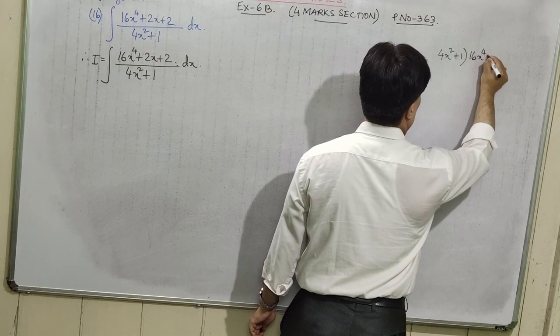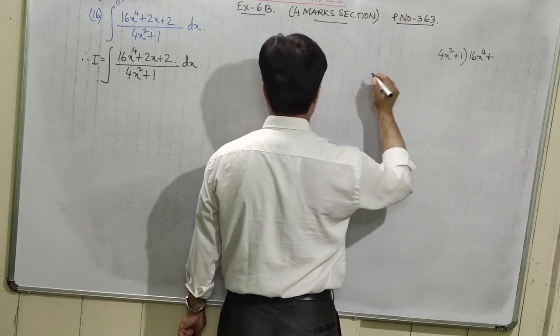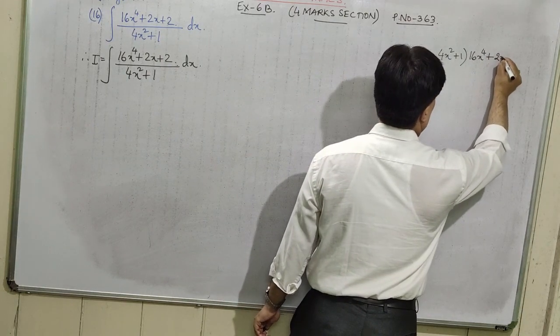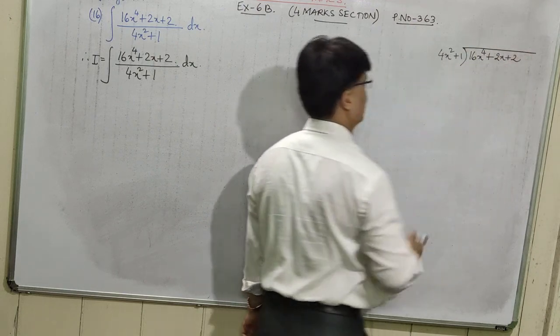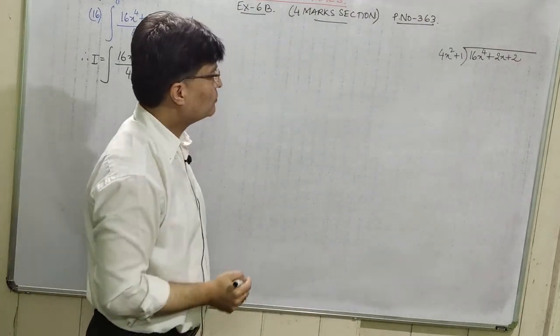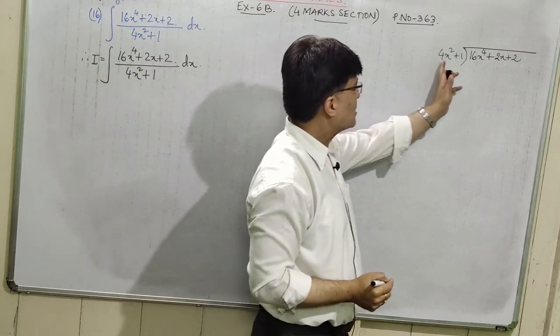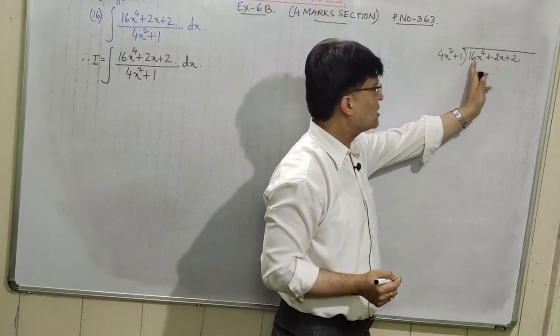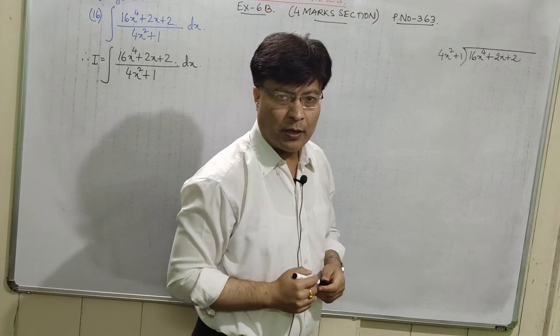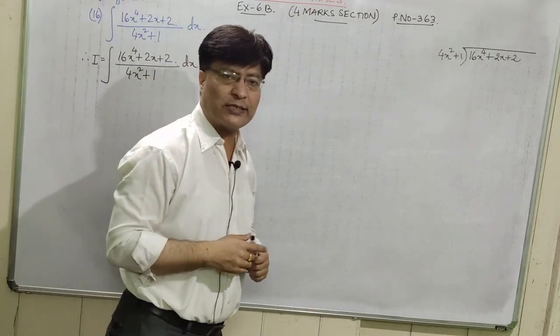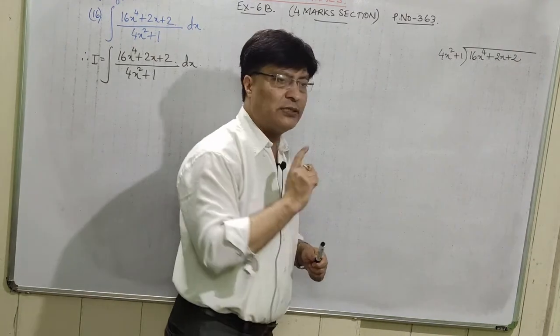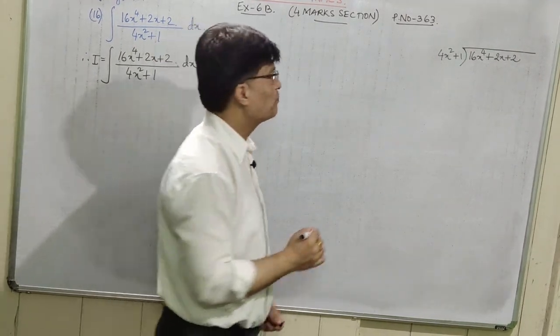16x to the power 4 plus 2x plus 2, let us divide it. Okay, so now there is 4x square and here we have 16x to the power 4. By which expression or by which number will you multiply this 4x square to get 16x to the power 4?